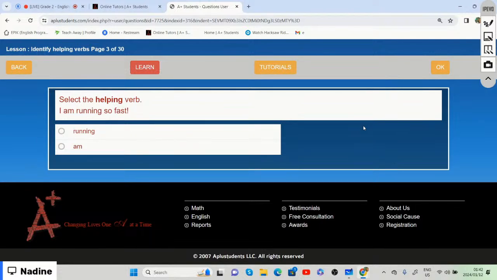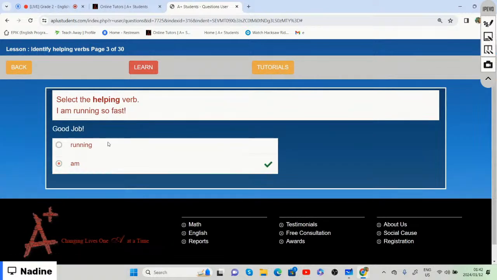So I am running so fast. And if we select the helping verb, then we're going to select it as am, which is our helping verb, and our main verb is running. So am is our helping verb, and running is our main verb. So well done.